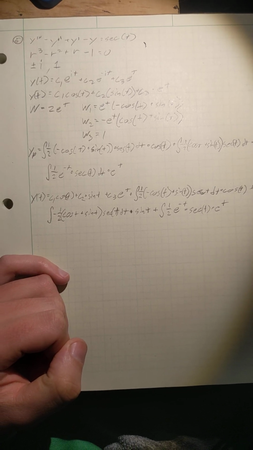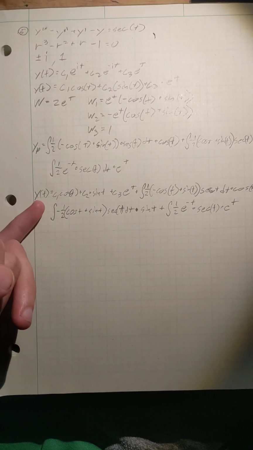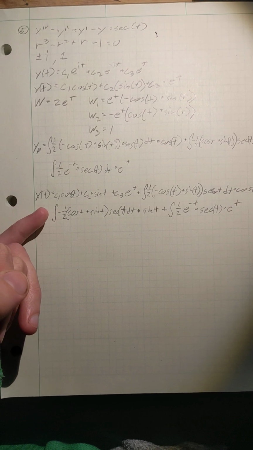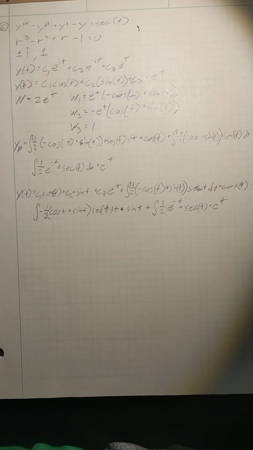You could solve all these out, but the problem is to leave them in integral form, so then you can just take your particular solution and substitute into the general solution.